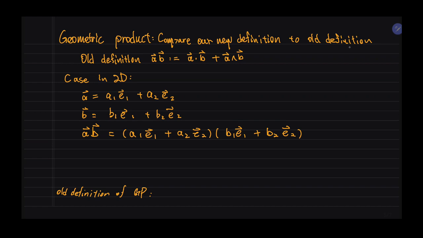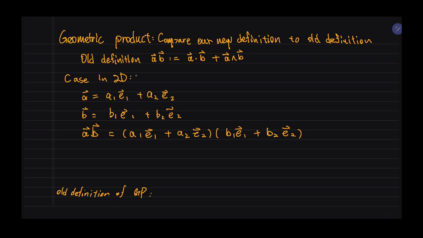However, our old definition is only defined between a vector and a vector. So this is our old definition. I'm not going to repeat it. Let us see what happens if we use the new definition with the geometric product, and see what kind of answer we will get.